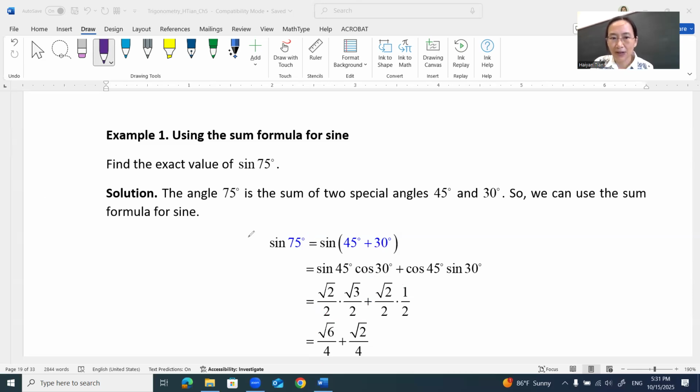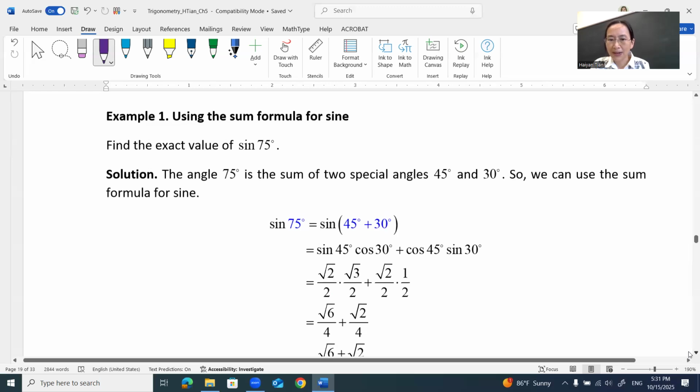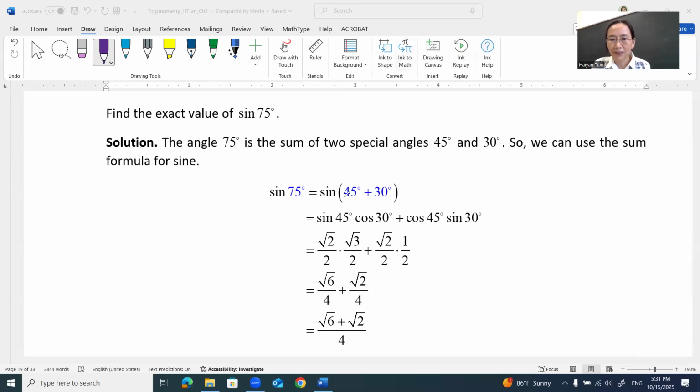And that's the exact value. So we just applied the sum formula for sine, right? We applied sum formula for sine to get exact value of sine 75 degree.